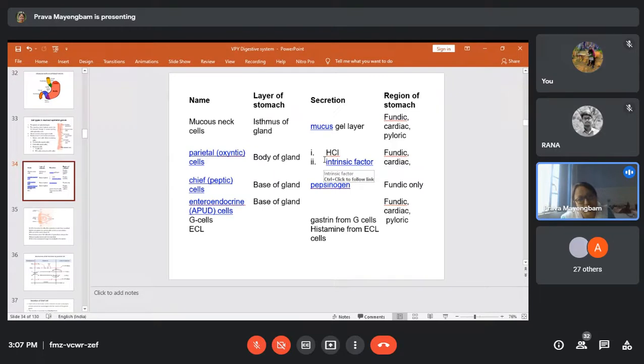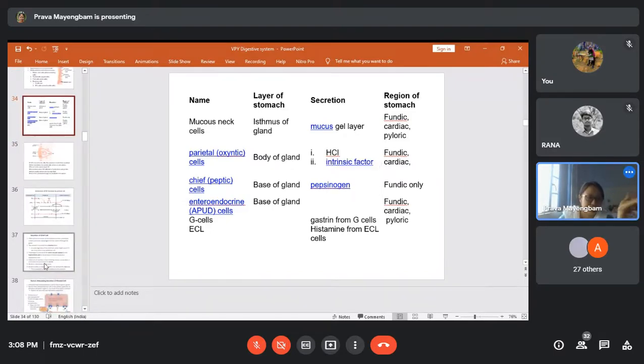Anything which is going to stimulate the secretion of parietal cells is going to stimulate the secretion of HCl as well as intrinsic factor. You remember this point. We have discussed how HCl is secreted by the parietal cells.